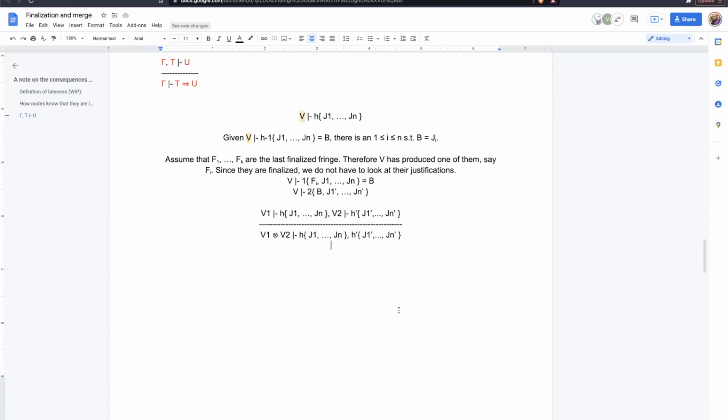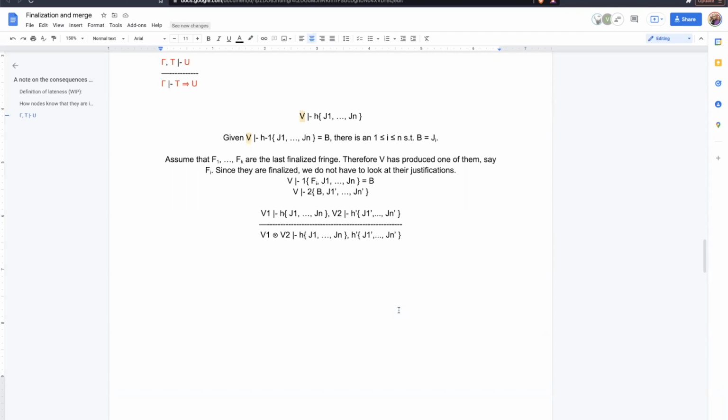Because comma doesn't have a meaning of not interacting, but tensor has a meaning of isolated or separated or not interacting. I see.